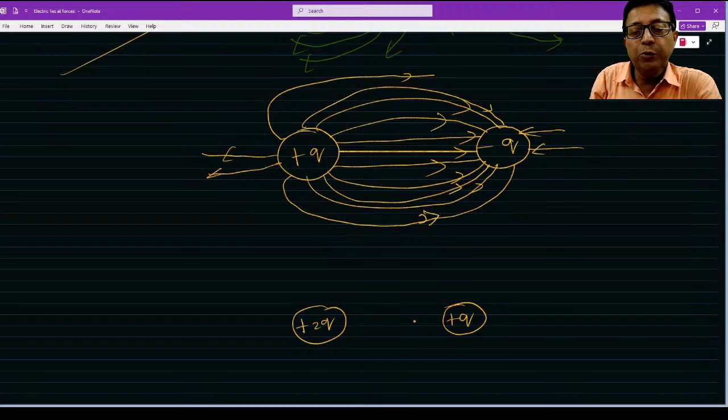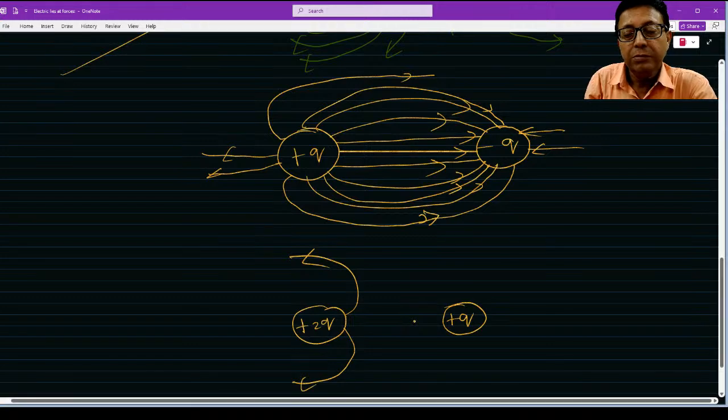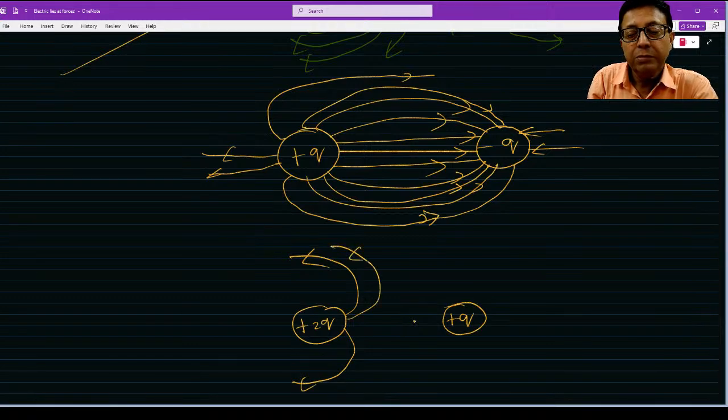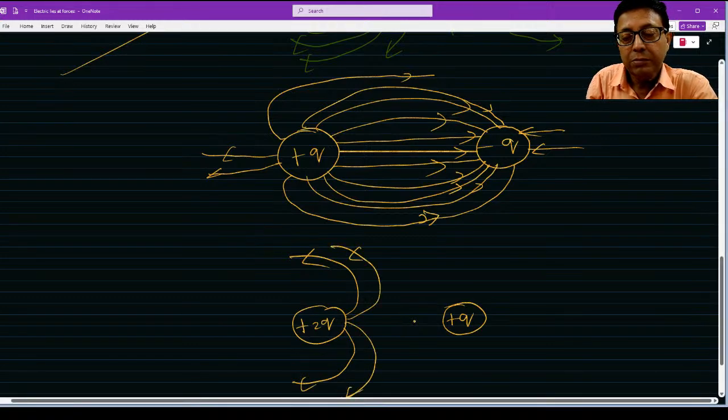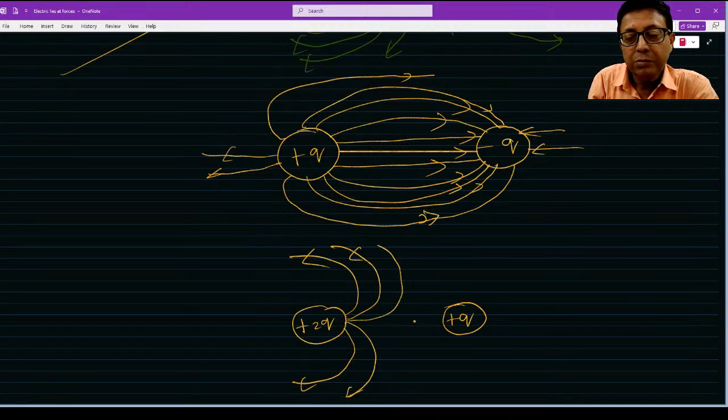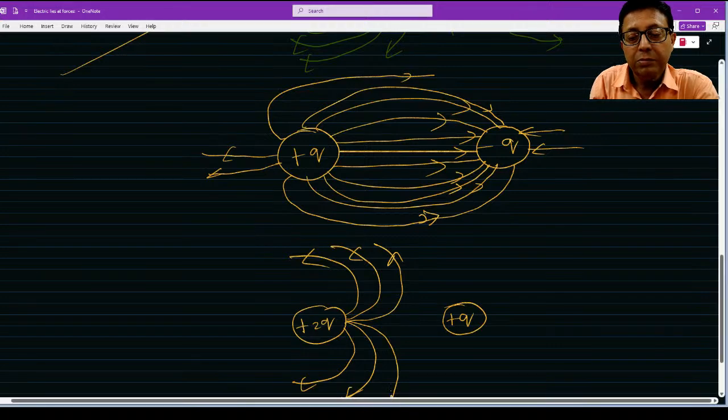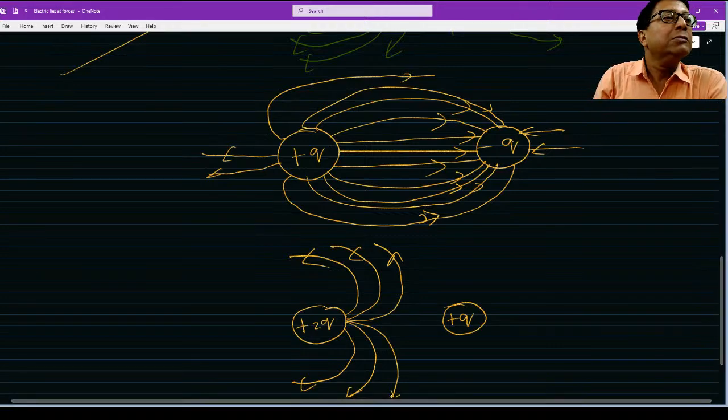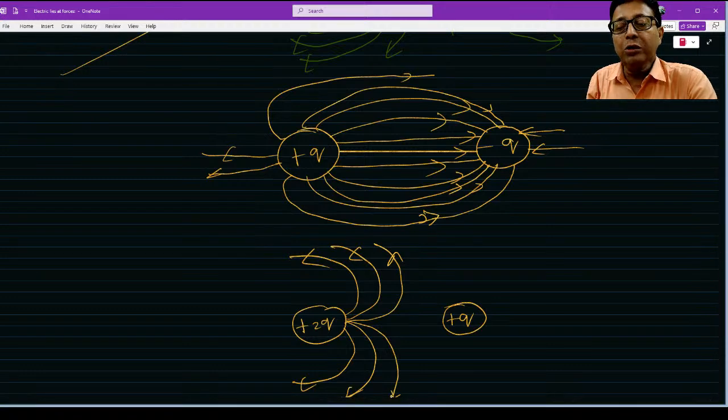So there will be more number of lines of forces, so the neutral point will be close to this charge.